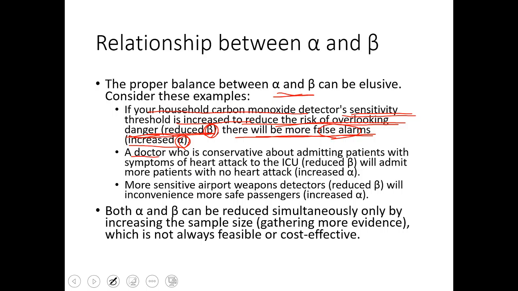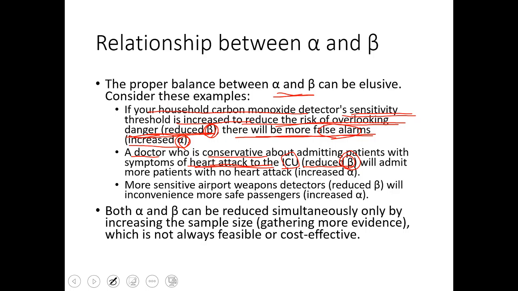A doctor who is conservative about admitting patients with symptoms of a heart attack is very conservative. If he finds small evidence of a heart attack, he sends the patient to the ICU. That means this doctor would like to reduce beta.